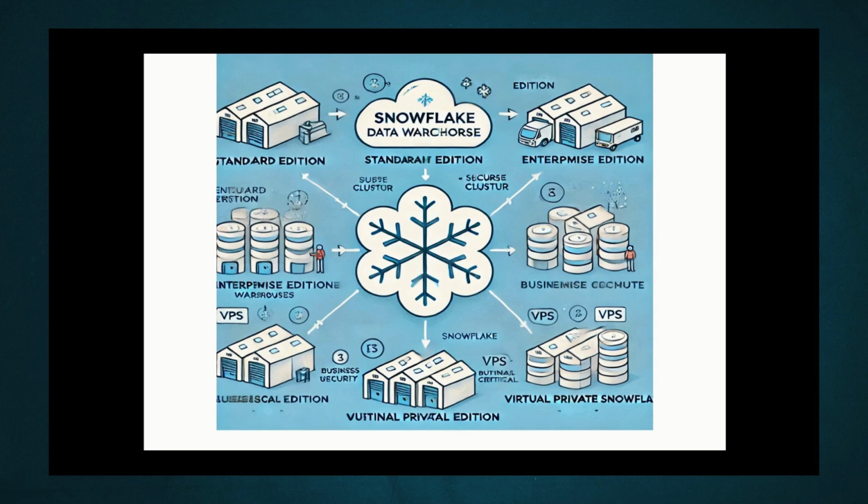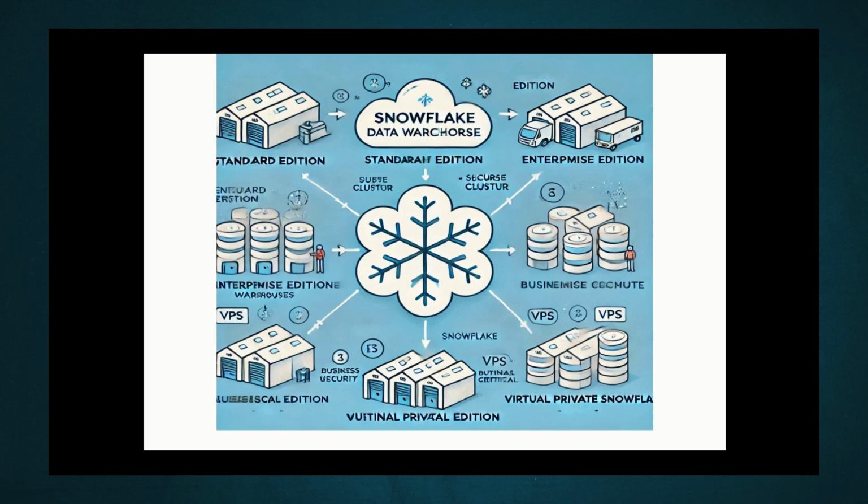And the third one is Business Critical. Business Critical is a way higher range, with full optimization, and it is for extra sensitive data.